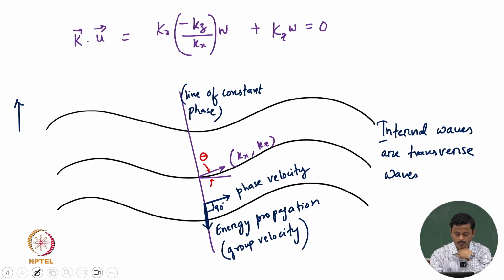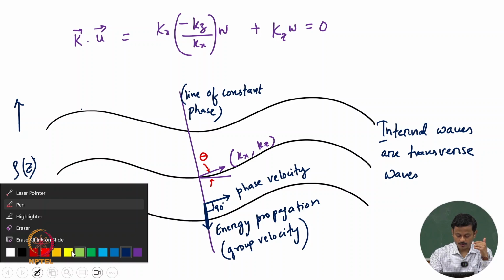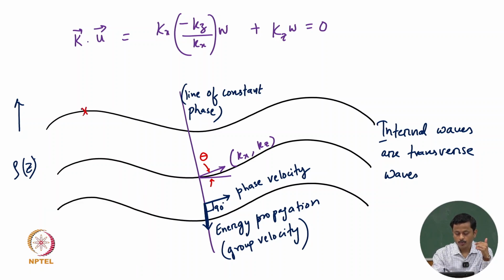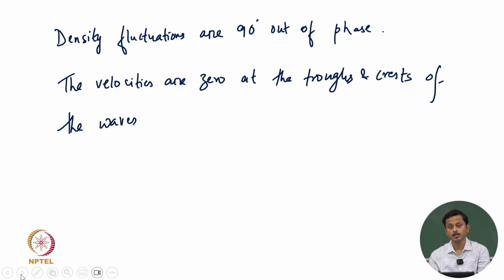As you can see, we have a density variation, and the maximum changes in rho prime occur in crests and troughs, because those are the regions which protrude into a different ambient. So these are regions of maximum changes in density.